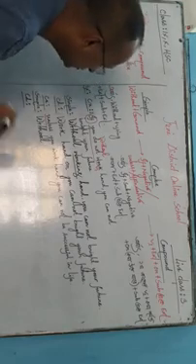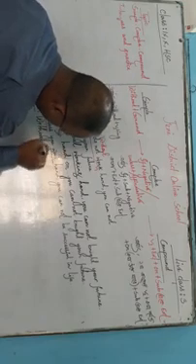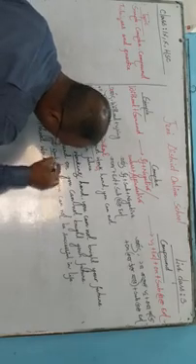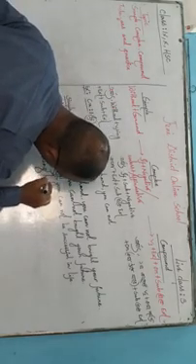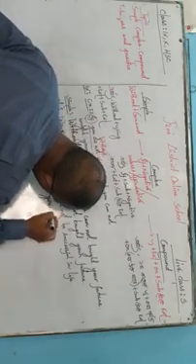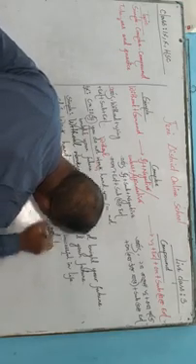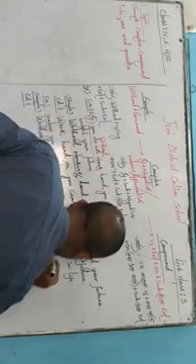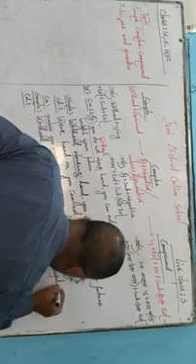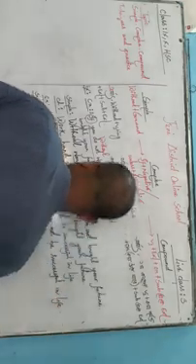Then you will write the gerund form of the verb. Here the verb is work, and the verb should be working. Without working hard. Then write the rest part of the sentence: you cannot be successful in life. Okay, that's it.